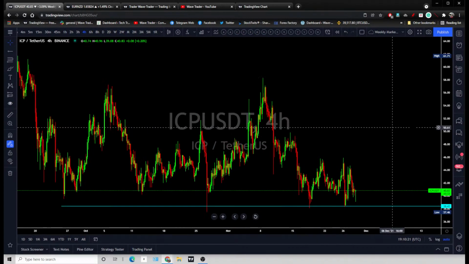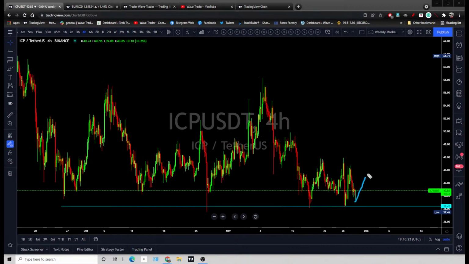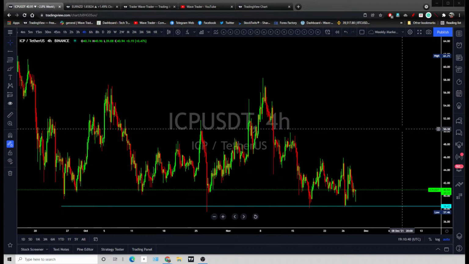For short term it can go there, for medium term it can go that far. Hope that makes sense. It's very easy. Use your order book and you're going to see clearly whether people are interested in that price or not. If they are not interested, that coin is not for you.